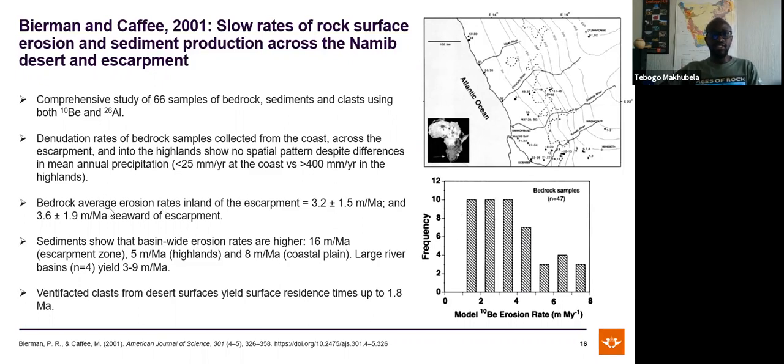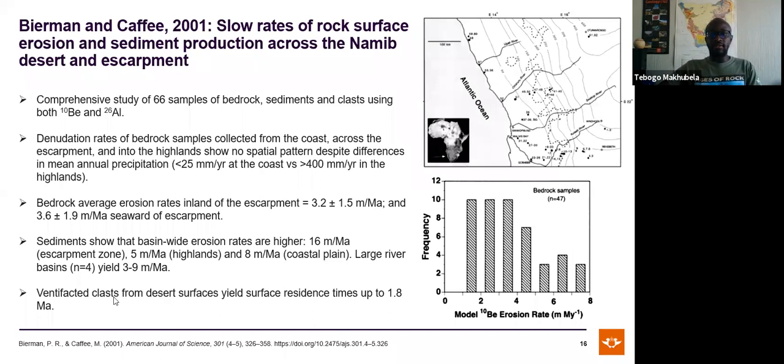However, what was interesting is that the bedrock erosion rates are lower than the basin-wide erosion rates, which are about 16 meters per million years in the escarpment zone, and then slightly lower at 12 meters per million years in the highlands, and about 8 meters per million years in the coastal areas. However, the large river systems yield basin average erosion rates of 3 to 9 meters per million years for the entire West.